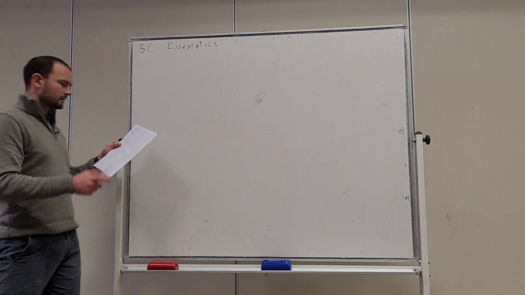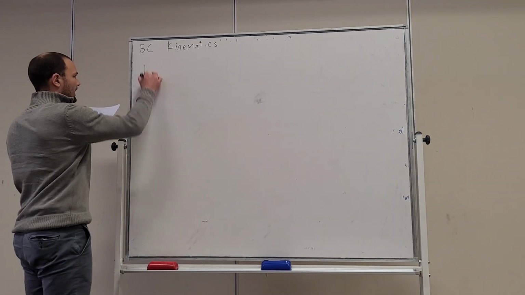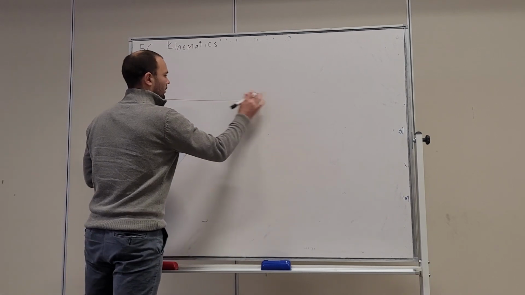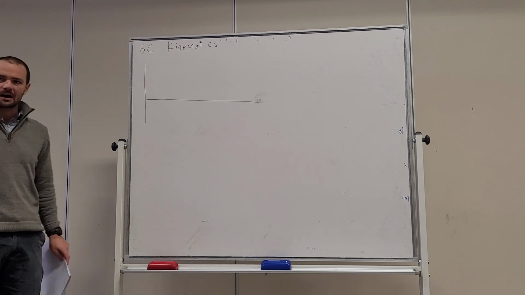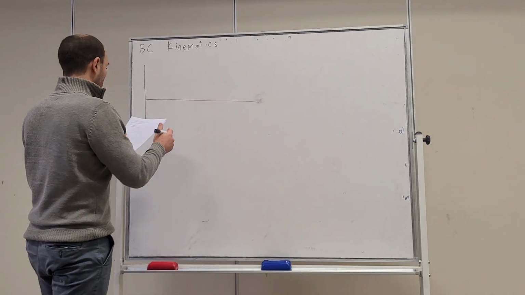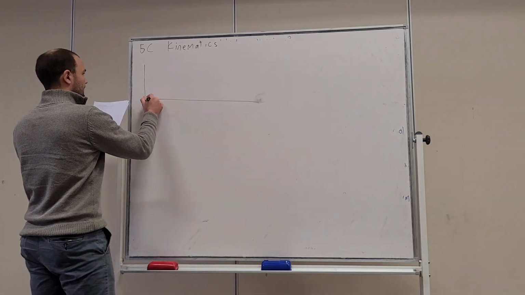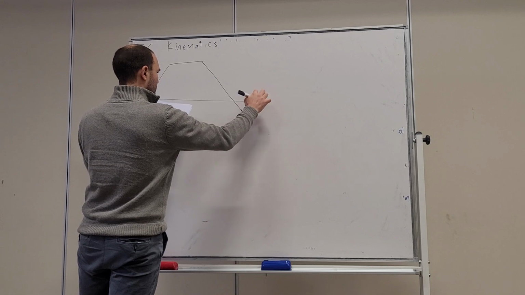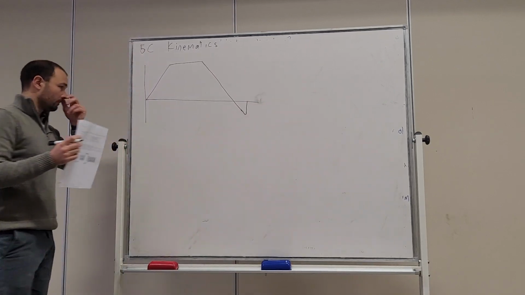So we're given a velocity time graph here, and we're asked to find the total distance travelled. Okay, we want to know how far has it travelled in total. So I'm going to sketch the graph up here, and then we'll break it into a couple of components. All right.